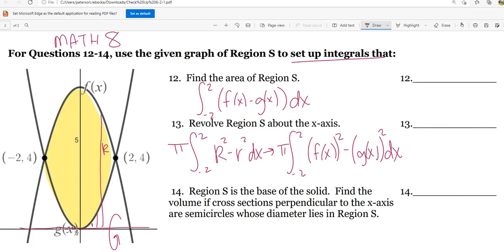All right, question 14. Region S is the base of a solid. Find the volume if cross-sections perpendicular to the x-axis are semicircles whose diameter lies in region S. So here would represent one diameter.